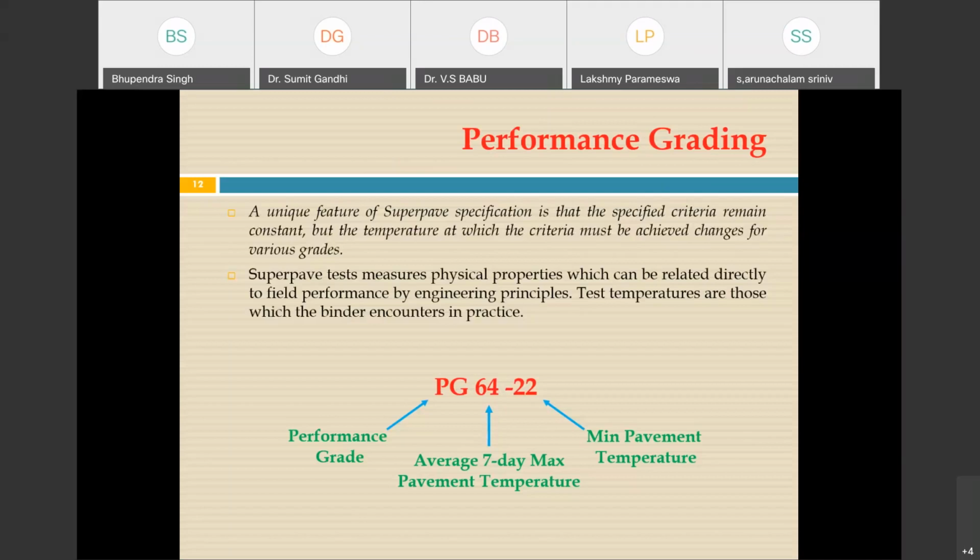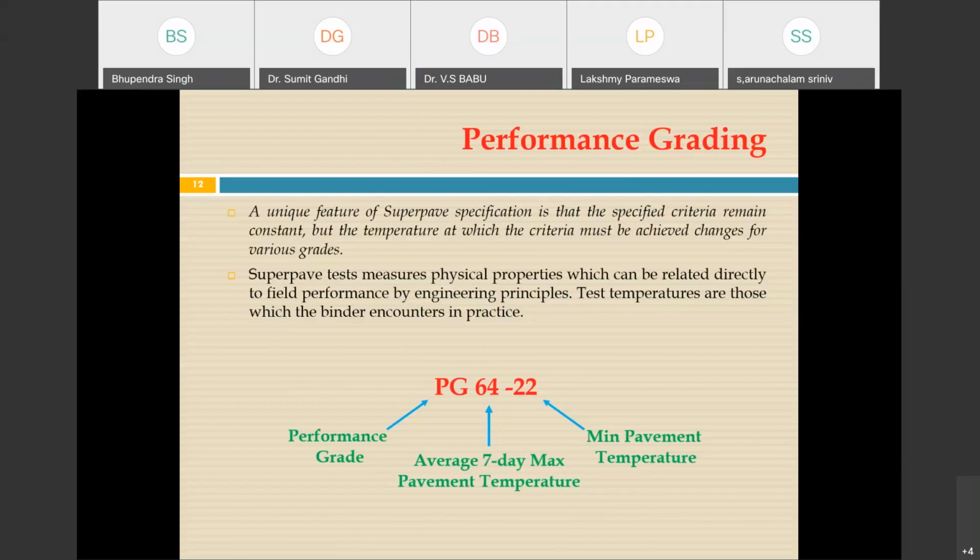The unique feature of the SuperPave specification is that the specified criteria remain constant throughout. For all the grades of the binder, the criteria remain constant. As we know, different kinds of binders have different behavior at different temperatures. So the temperature at which these criteria are achieved is called their performance grade.